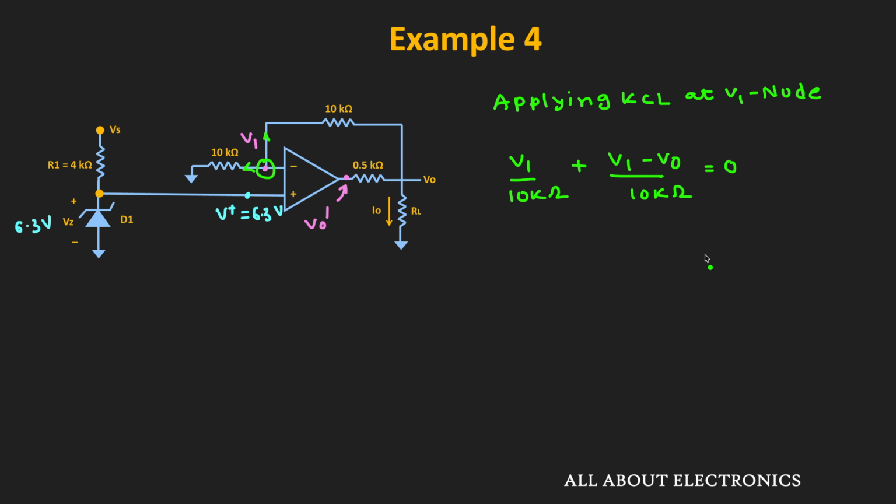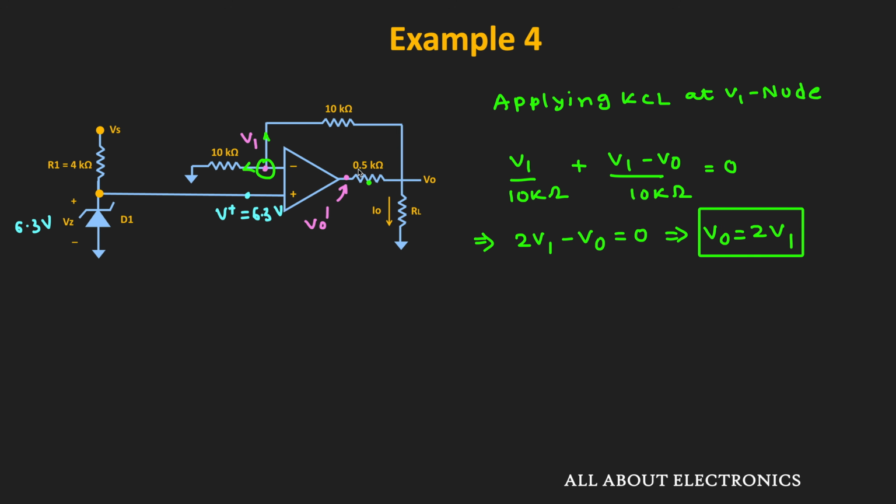That means the summation of all the outgoing currents is equal to 0. Here this 10 kilo ohm will get cancelled out and we will have 2V1 minus V0 equal to 0. Or we can say that Vout is equal to 2V1. We will use this expression later on.